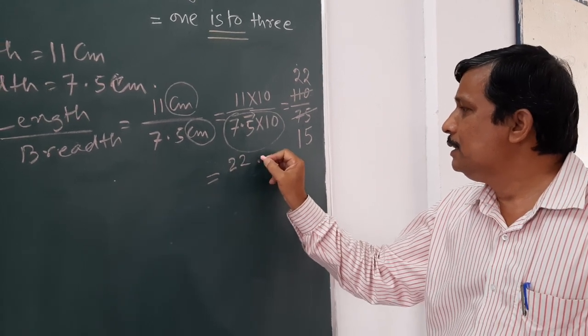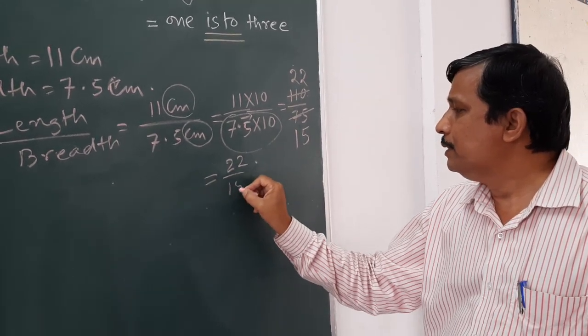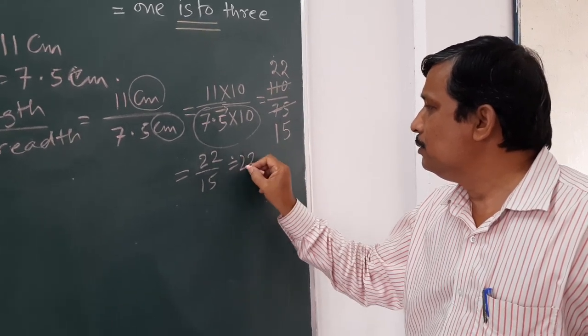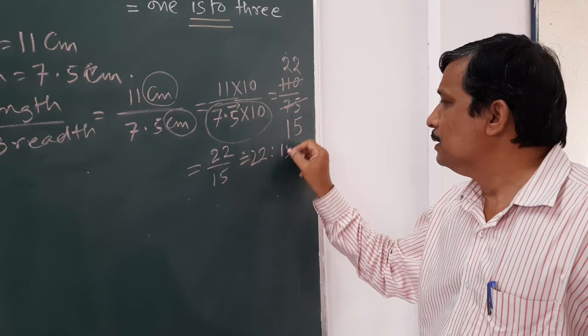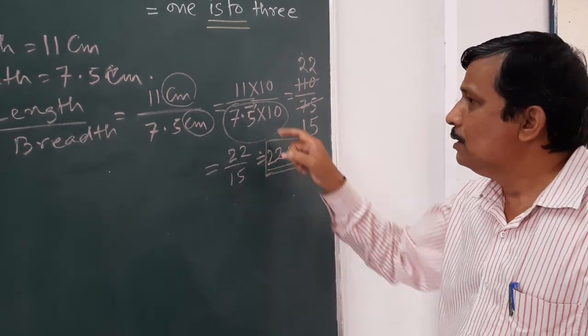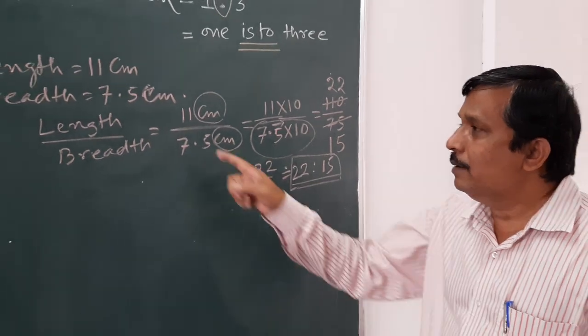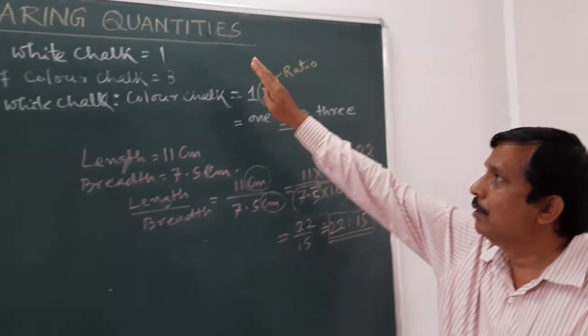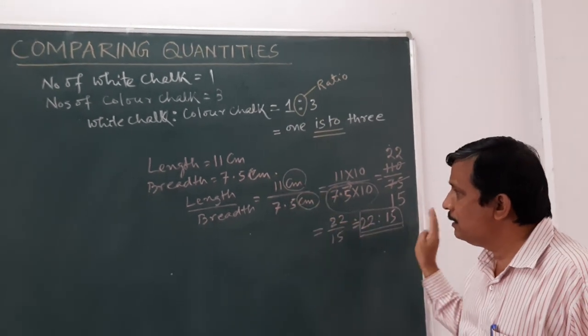So this can be written as 22 by 15, 22 is to 15. So this is the ratio, or this is the comparison of length and breadth. Our topic was comparing quantity, so you are comparing the quantity.